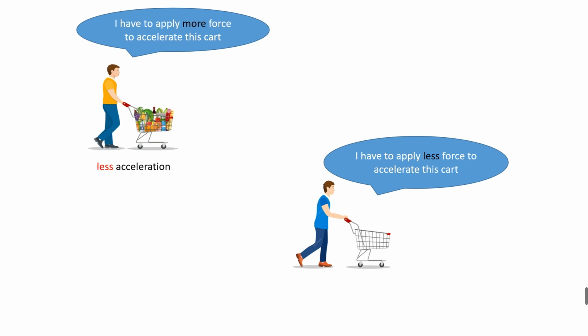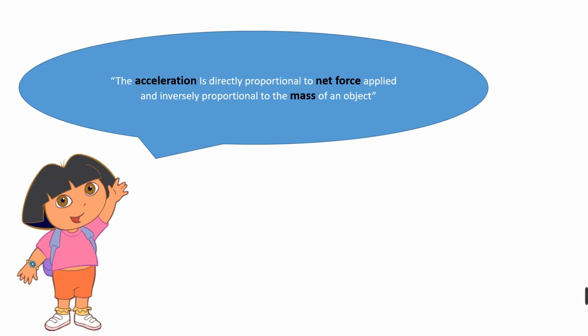Because in the first case, the person has more mass, and in the second case, the person has less mass. And mass is inversely proportional to acceleration. The acceleration is directly proportional to the net force applied and inversely proportional to the mass of an object.